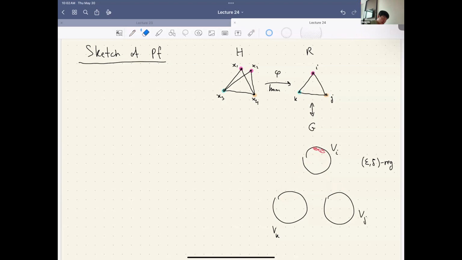Now the remaining vertices, all vertices here, have the correct degree. Okay, to be precise, let's say I use y1. We will map xi to yi in G. Okay, this is in H. So we map x1 to y1. And y1 is nice in the sense that the degree to this side is the correct degree. To this side, also the correct degree.